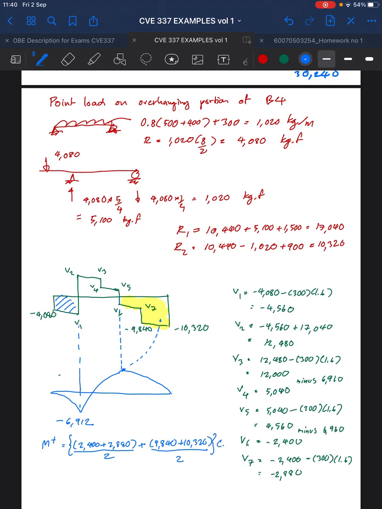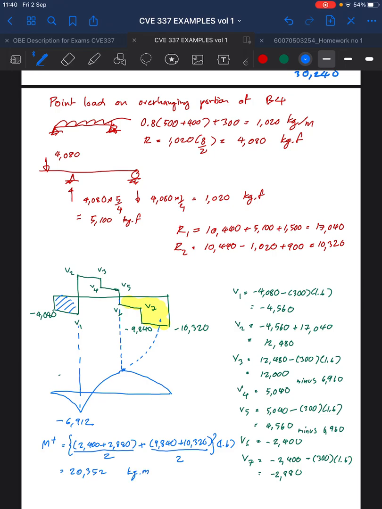This is multiplied by 1.6. Okay, so let me do a little calculation. So that's 20,352 kilogram meter. So that's the correct one.